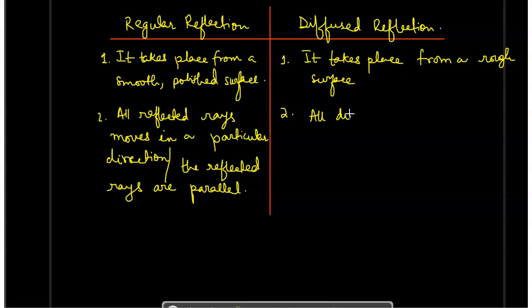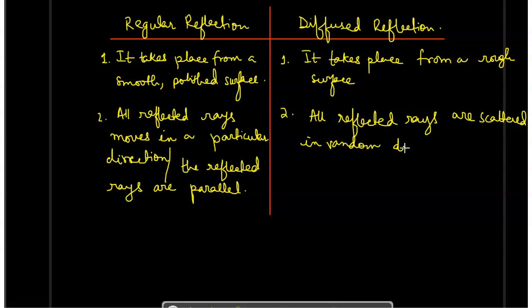All reflected rays are scattered in random directions. Third point of difference can be example. The example of regular reflection will be reflection by a plane mirror.